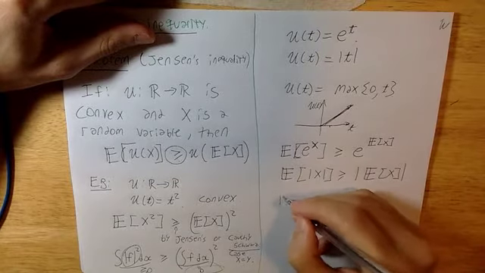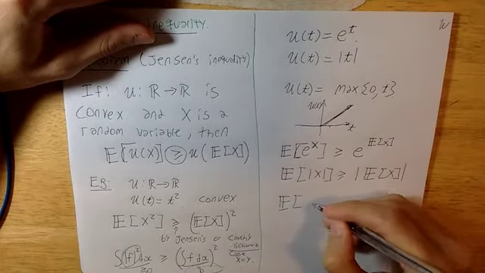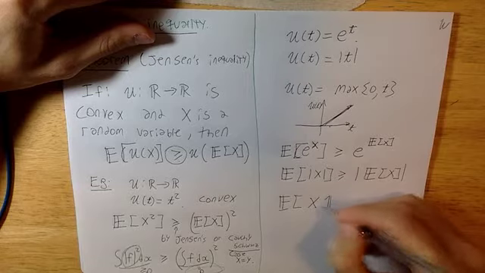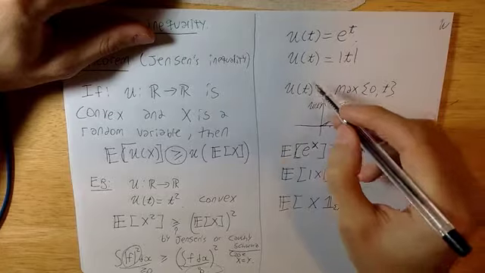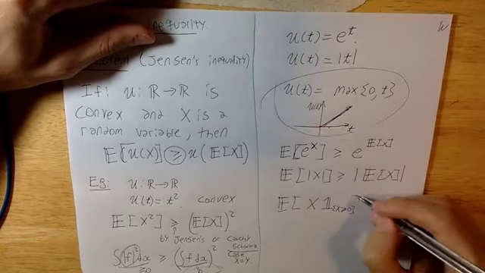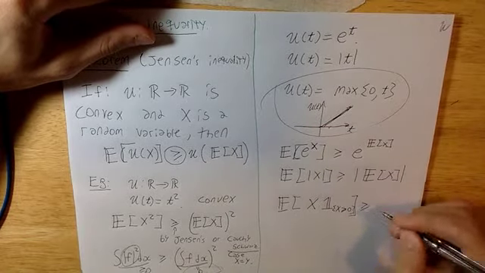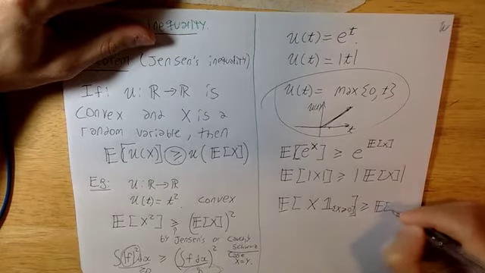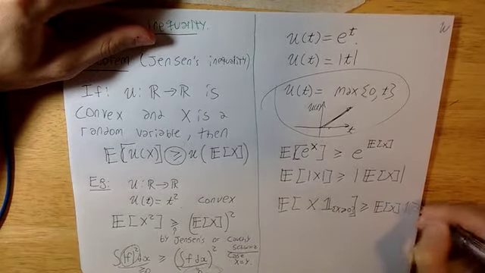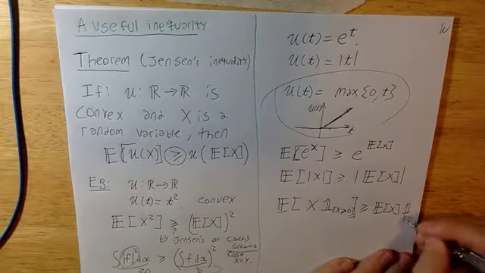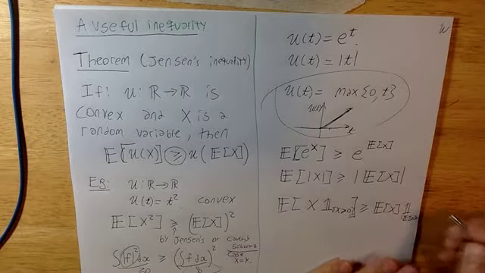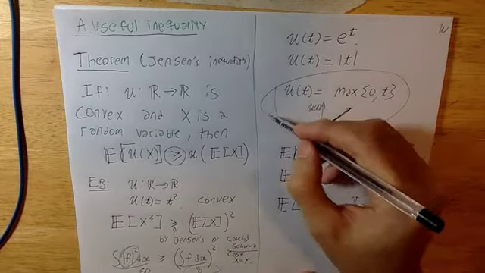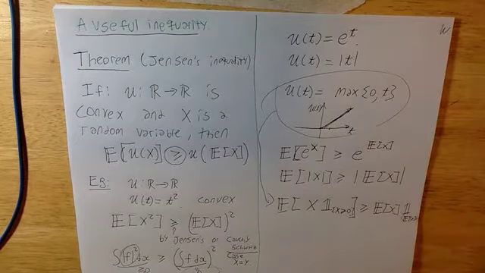And the expectation of x times the indicator of x positive, okay, which is this function here, is bigger or equal than the expectation of x times the indicator of the expectation of x positive. Okay, so this thing here is applying for this function here.